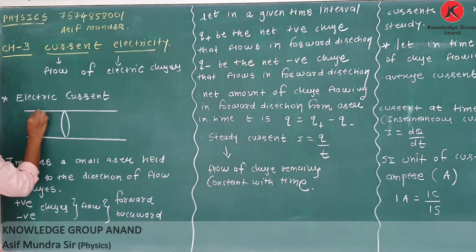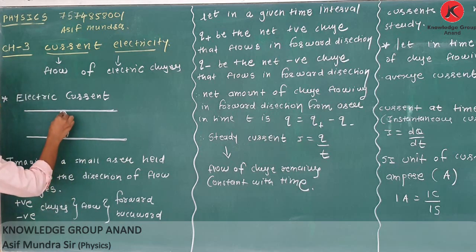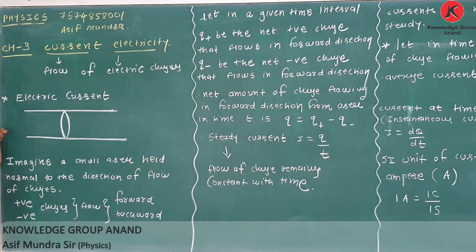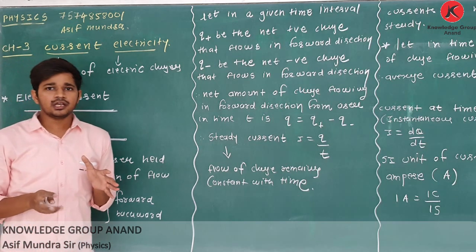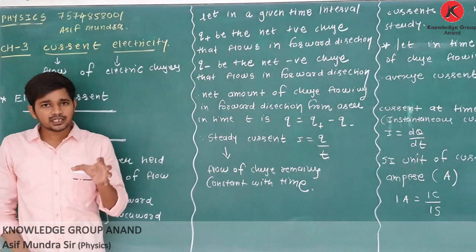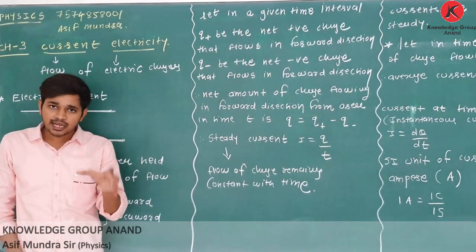See, what is electric current? Here we have one conductor, and this is the cross-sectional area of the conductor. In a conductor, valence electrons become free according to thermal energy.